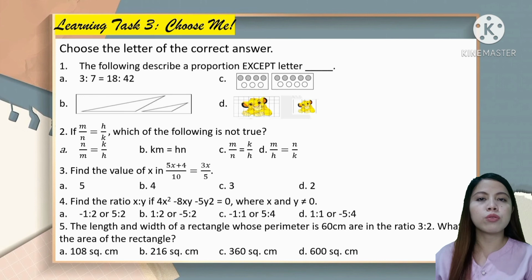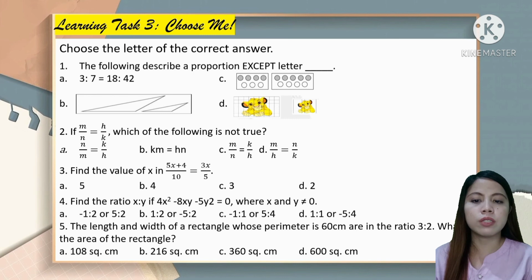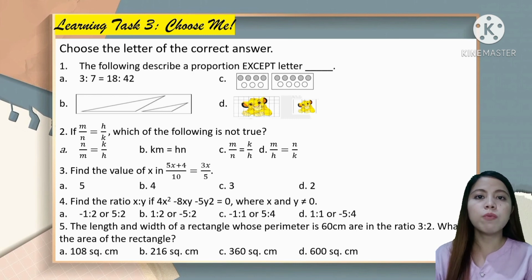Here you will use your knowledge about quadratic equation, where x and y are not equal to 0. The choices are A, negative 1 is to 2 or 5 is to 2. B, 1 is to 2 or 5 is to negative 2. C, negative 1 is to 1 or 5 is to 4. Or letter D, 1 is to 1 or negative 5 is to 4.